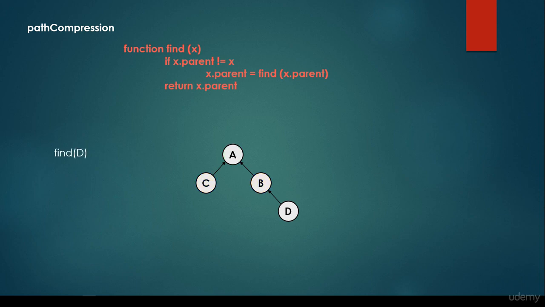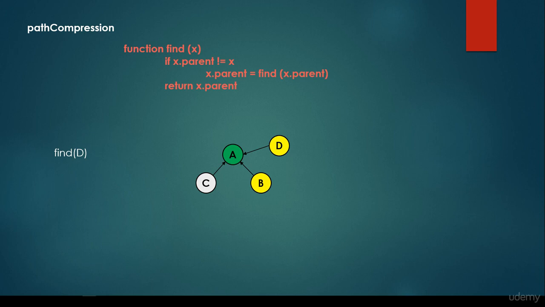Okay, what if I call, for example, the find D? I'm going to call the find recursively on the parent, which is the B, and the parent of B is the representative itself. So basically, we just have to rearrange the D vertex and set it to connect directly to the representative. Why is it good? Because this is why path compression came to be.